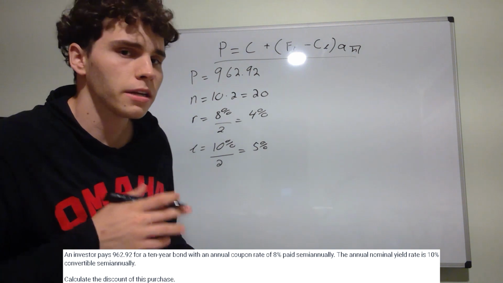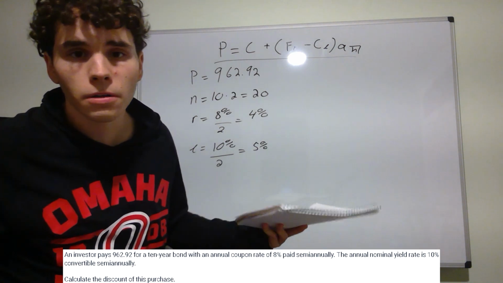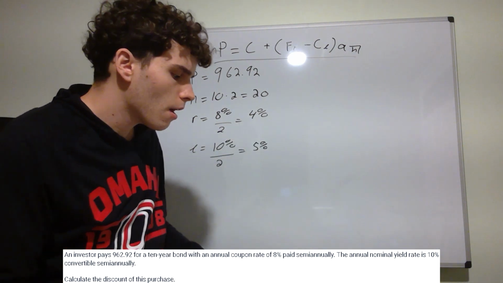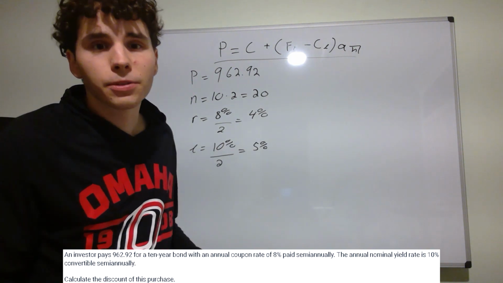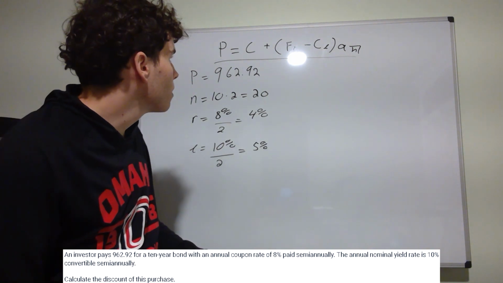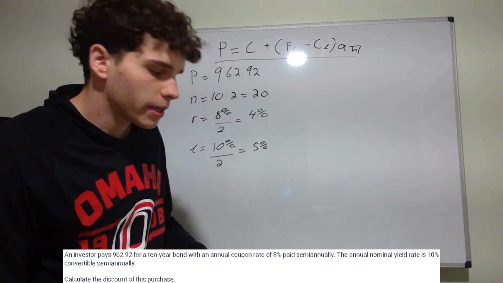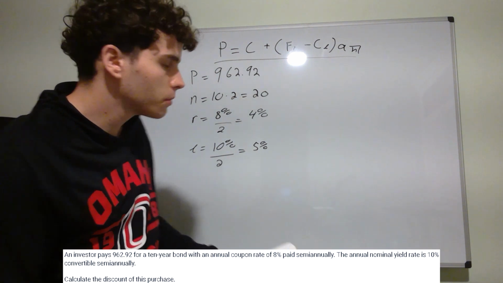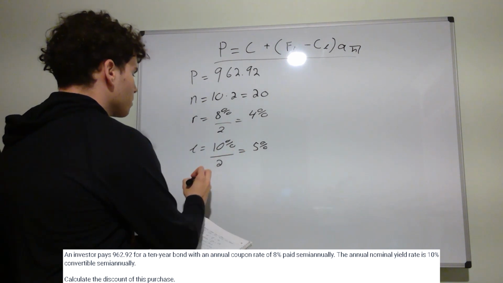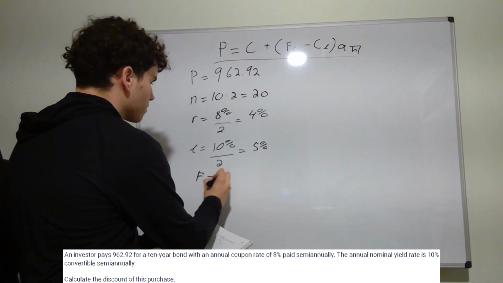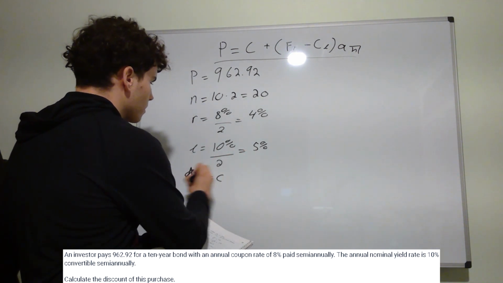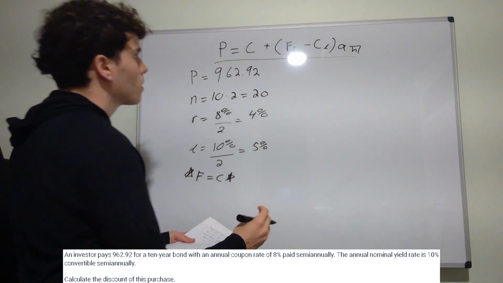It could be $1, it could be $1 million. But one thing we can assume is that the face amount is equal to the redemption amount because it didn't state otherwise in the problem. So one assumption we can do is F equals C. And that's kind of important for this problem.